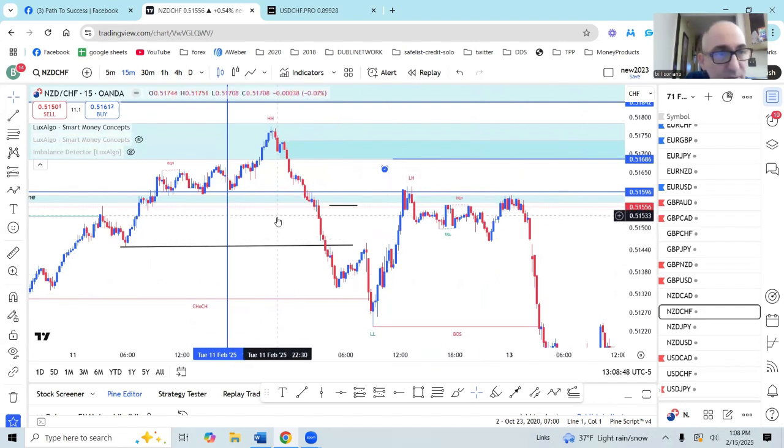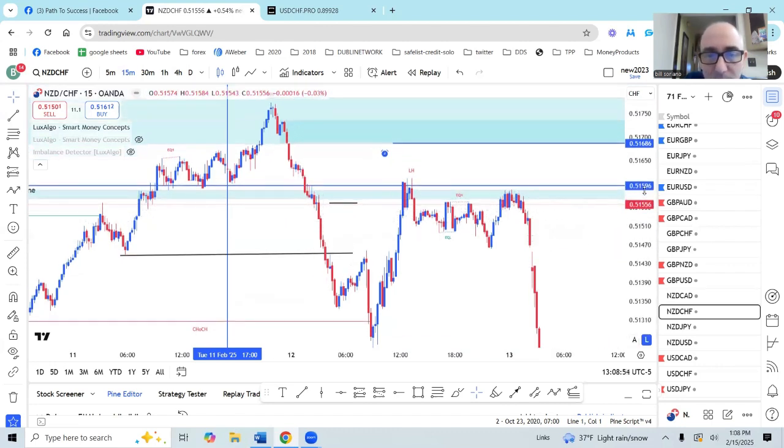But as you could see here, this was a very, very good point to get in the trade. But what I did was I put my stop loss in the wrong place. I put my invalidation zone right above these wicks here. Okay.